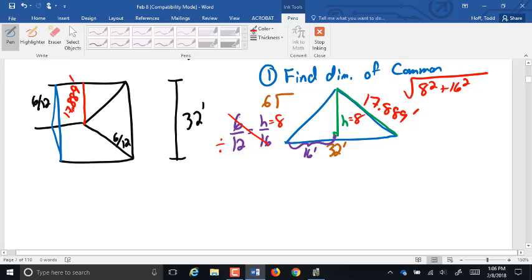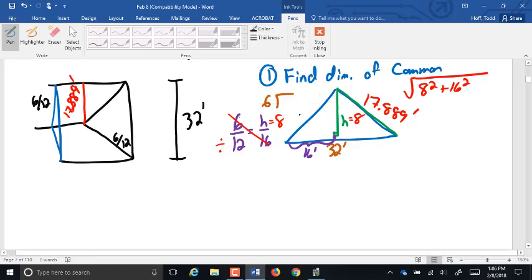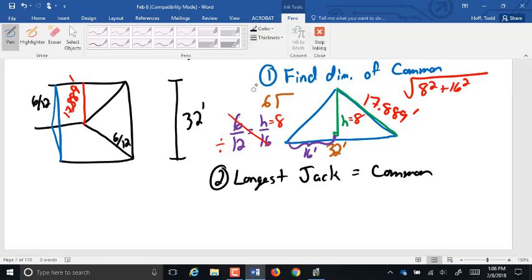Since this is conventional, we get to skip a lot of steps here. The longest jack is just equal to the common rafter. So this here is how long? 17.889 feet.